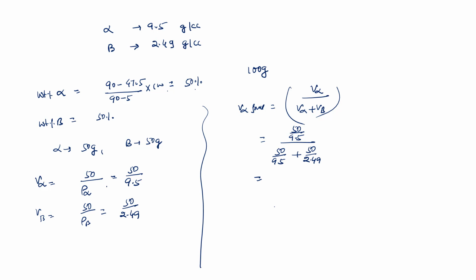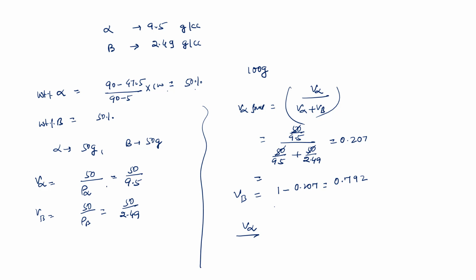So how much will it be? See, the 50s cancel, so it is equal to 0.207. The volume fraction of beta will be 1 minus 0.207, so it will be 0.792.